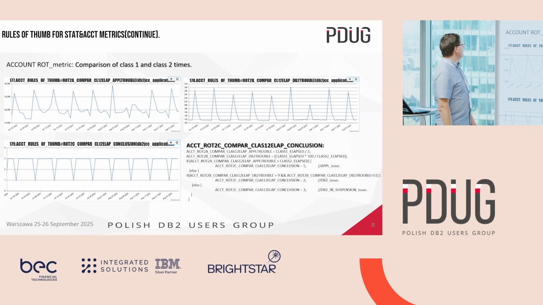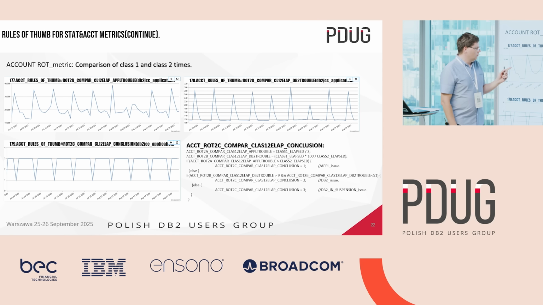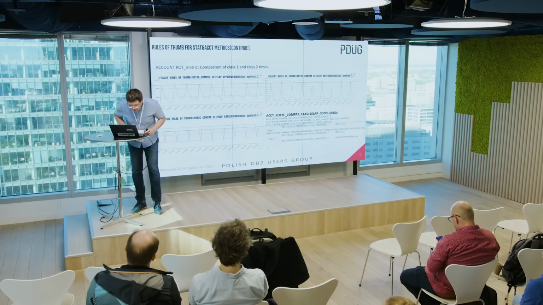The second rule of thumb: comparison of class 1 and class 2 times. We have 3 charts, A, B, C. What do these charts mean?